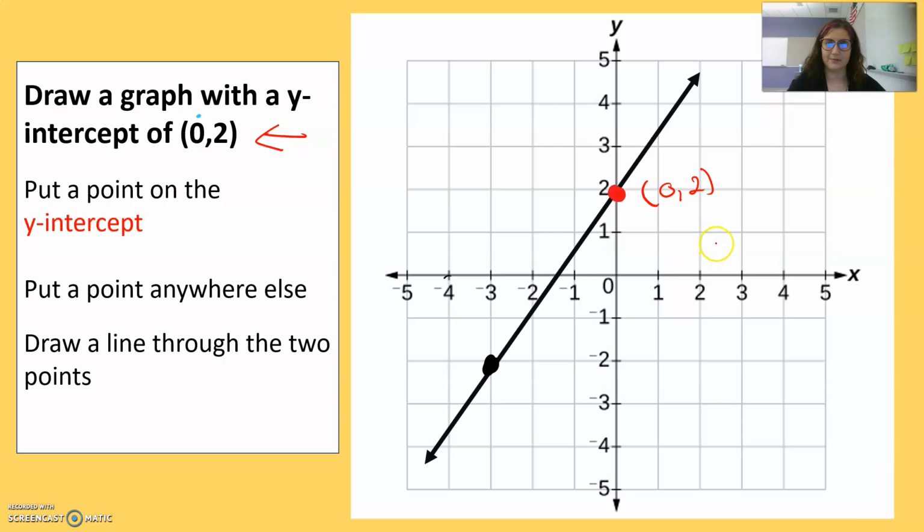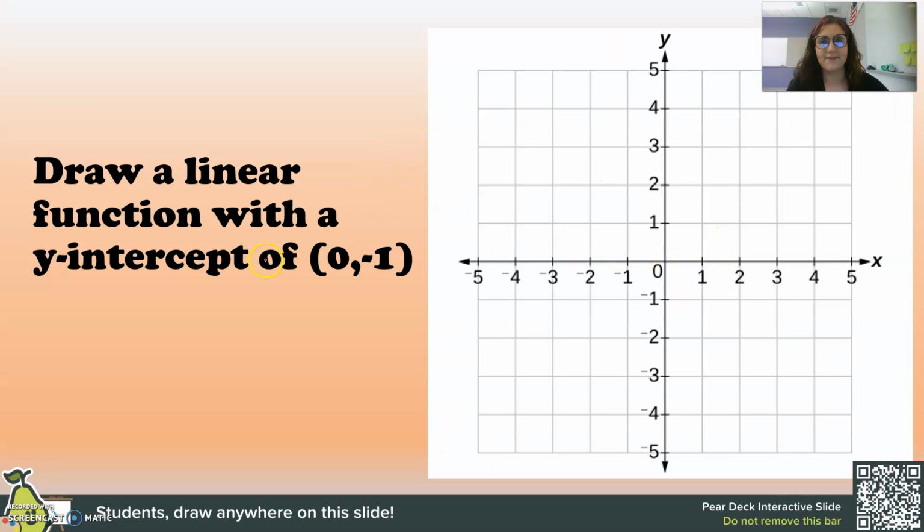So let's do another one. Draw a linear function with a y-intercept of 0, -1. So remember, an ordered pair is x, y. So my x, I don't have to go left or right because it's 0, and I just go down to -1. There's my -1. That's my y-intercept. So on the y-axis, I draw a point at -1.